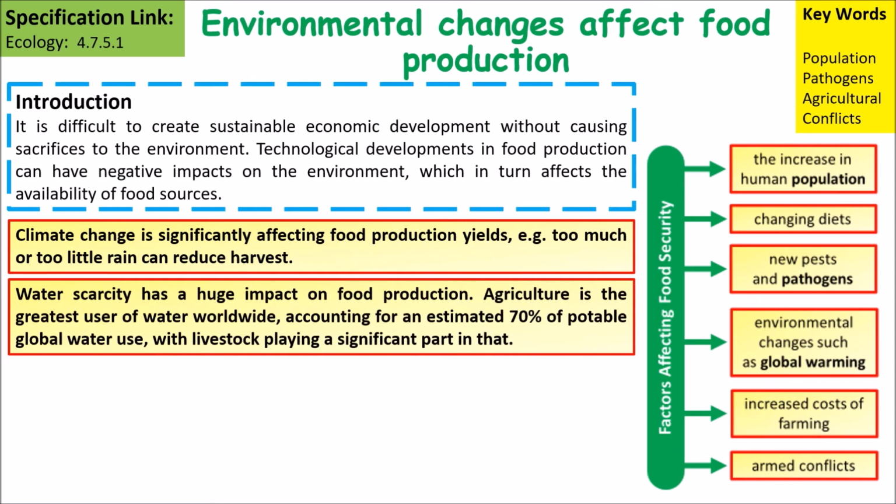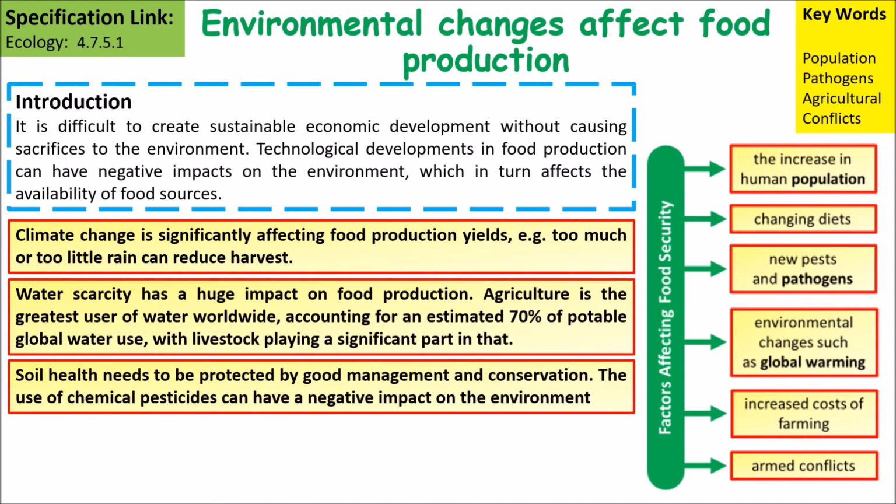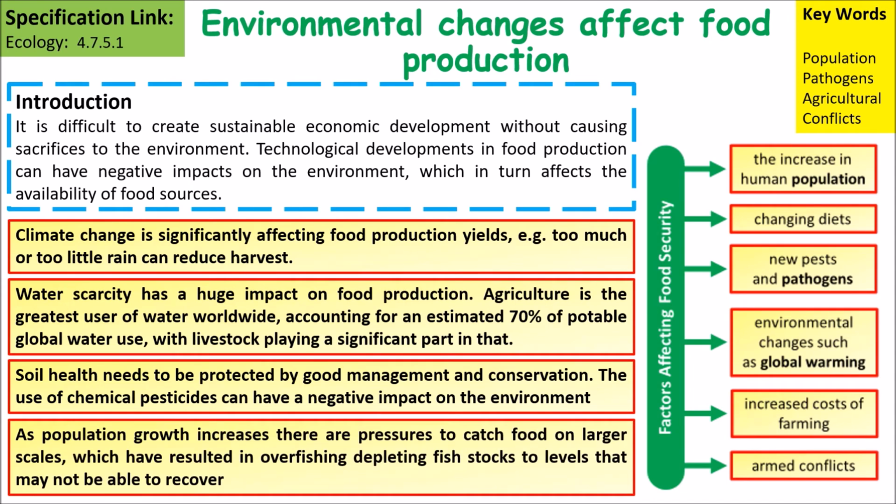Water scarcity can have a huge impact on food production. Soil health needs to be protected by good management and conservation. And as the population grows, there are pressures to catch food on a larger scale, which have resulted in overfishing, depleting fish stocks to levels that might not be recoverable.